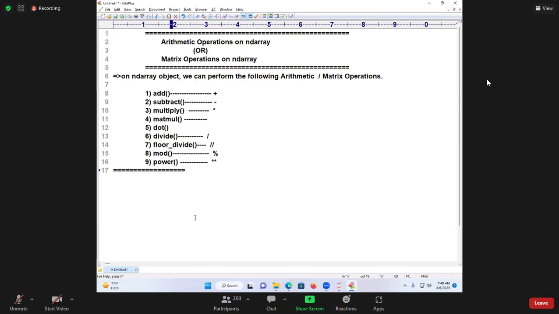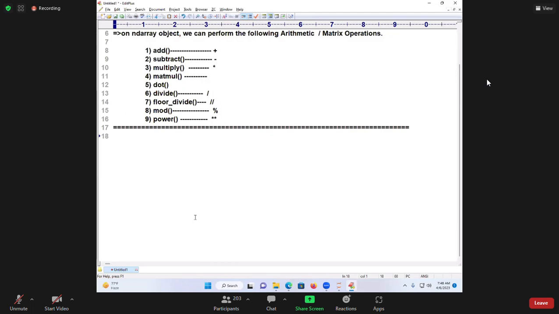Now I'm going to introduce statistical operations on ND array. What are the statistical operations on it? What are the things we are coming across?